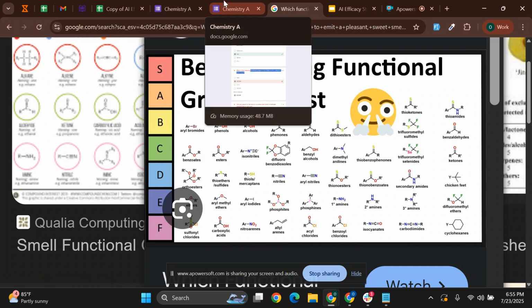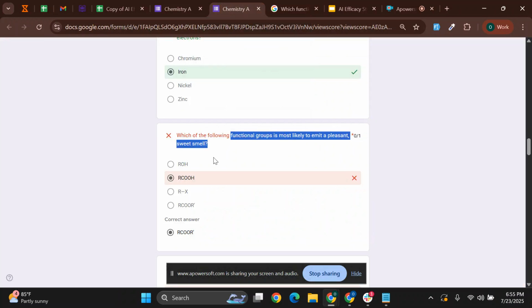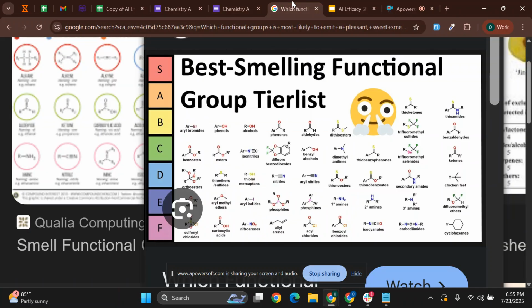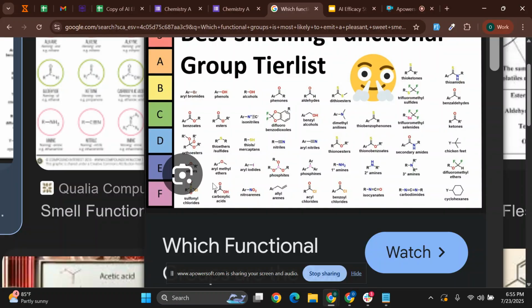So what I get is RCOOR dash, which is in RCOR dash. I think I found that.